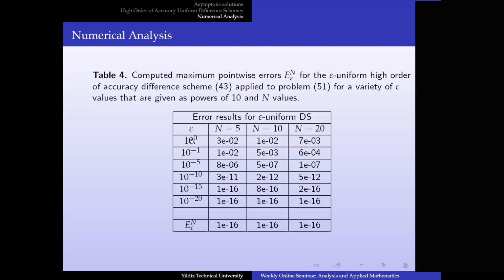Epsilons are ranging from 10 to the 0 to 10 to the power minus 20. And as you can observe, here the errors are very small. So this shows that the high order accuracy difference scheme converges uniformly.